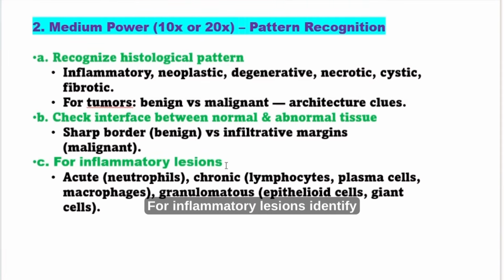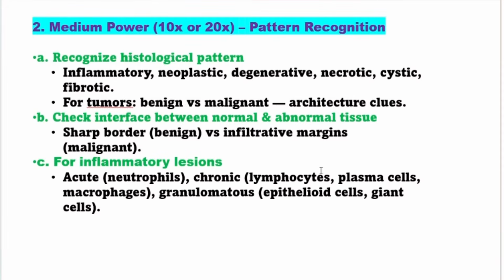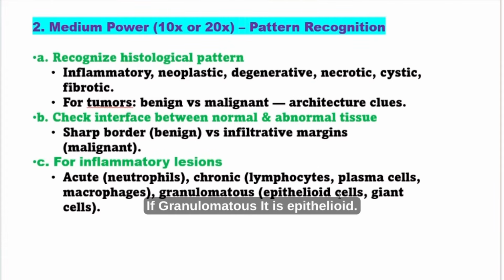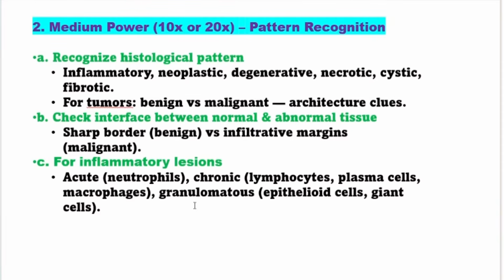For inflammatory lesions, identify the cells: neutrophils mean it is acute; lymphocytes, plasma cells and macrophages mean it is chronic; epithelioid cells and giant cells, if present, mean it is granulomatous.